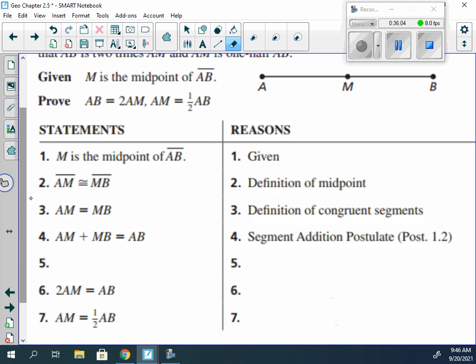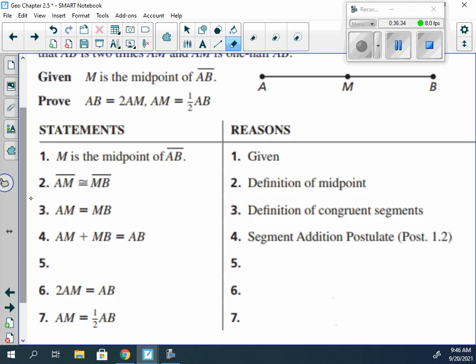Okay, so we've defined AB, yes? Now there is a step in between that we need to do. Now we are trying to go from AM plus MB equals AB to 2AM equals AB, yes? So do I really need MB in this statement? No, because that wouldn't be too helpful. But what do I know about AM and MB? They're equal, yes?